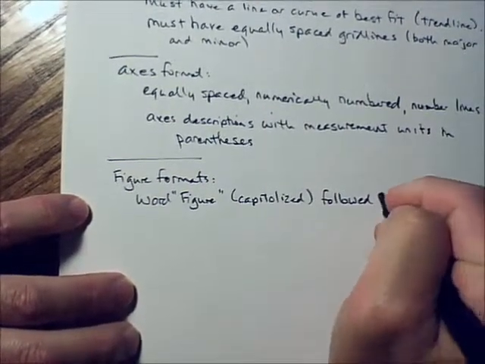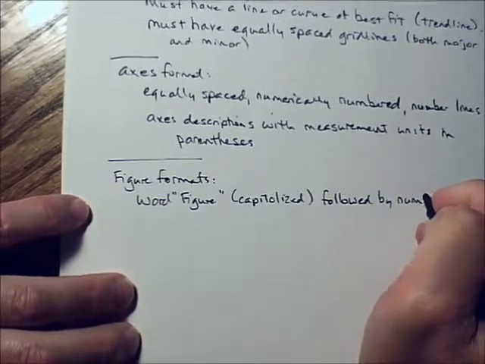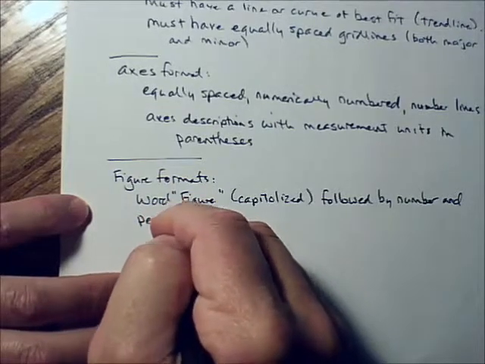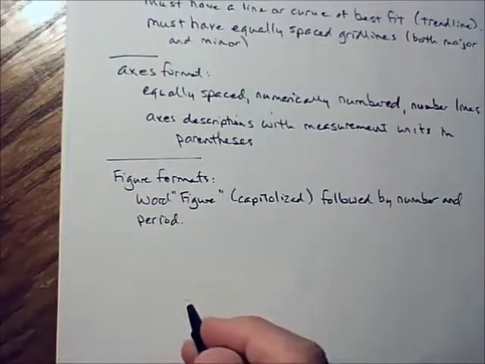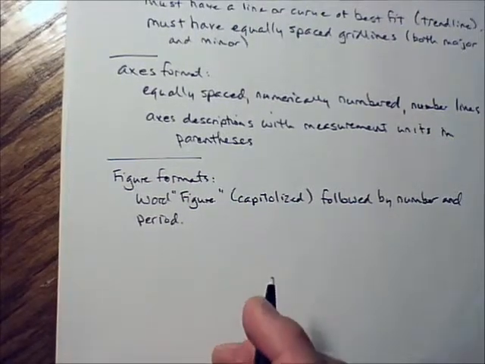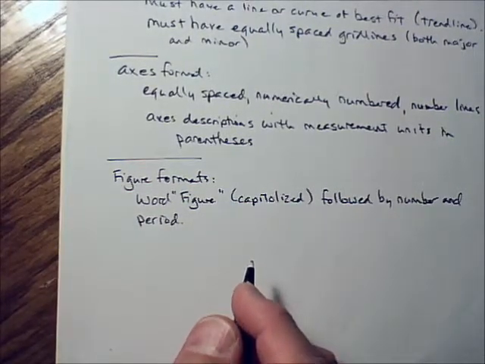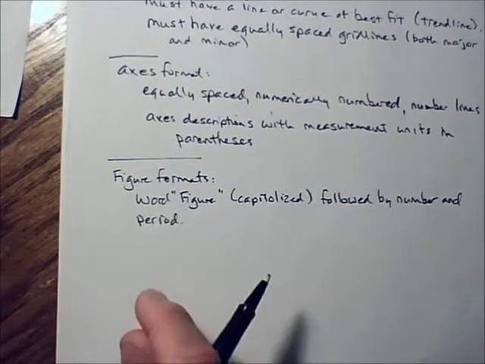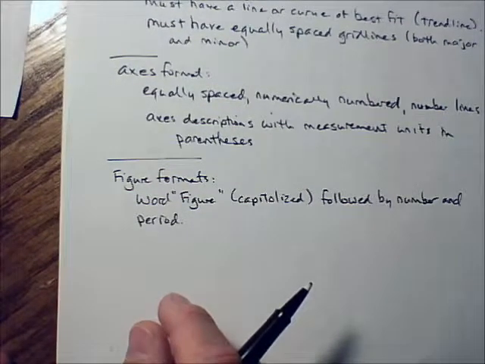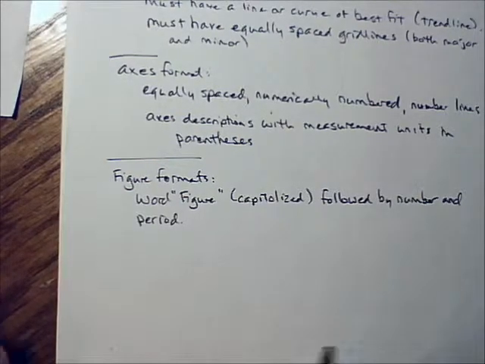Followed by number and period, just like the table number. Okay? That's the figure number. Now, in the table label, you had to tell me two things: what's in the table and why it's important. Okay? Figure labels have those things as well, but have one more thing.